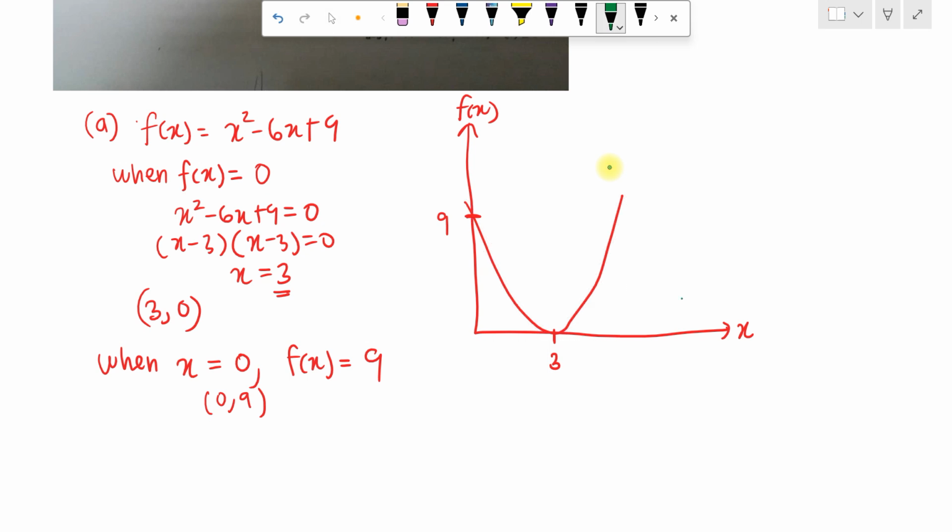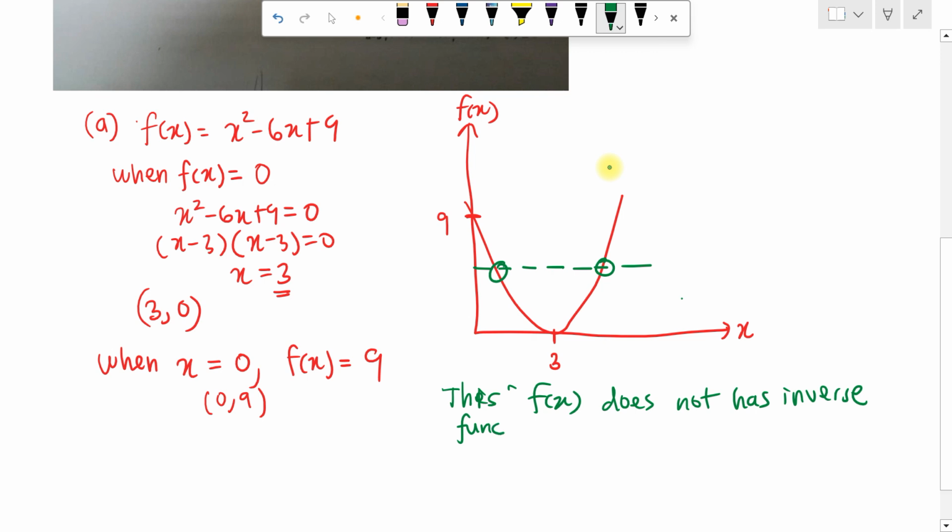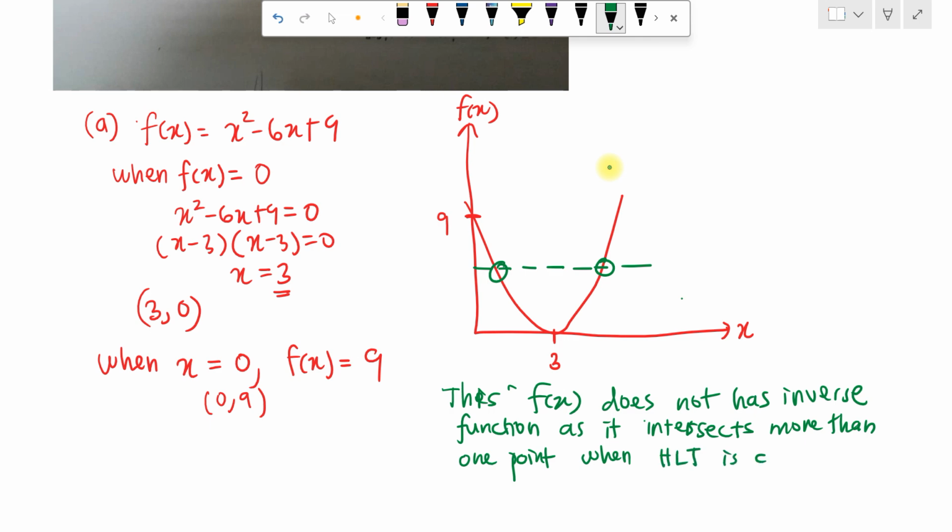You need to do your horizontal line test. So horizontal test, you see it cuts at 2 points, right? So this f(x) does not have an inverse function, as it intersects more than 1 point when the horizontal line test is conducted.